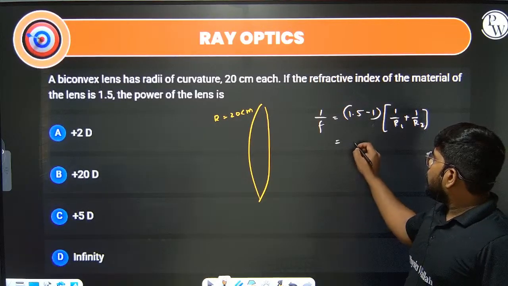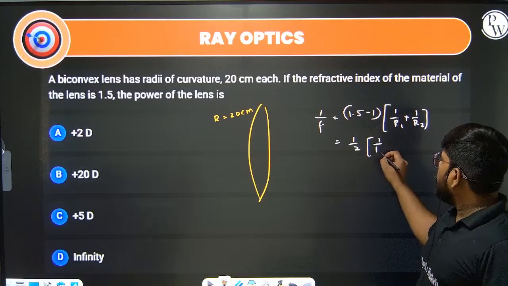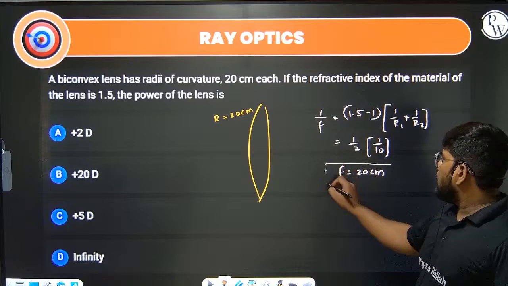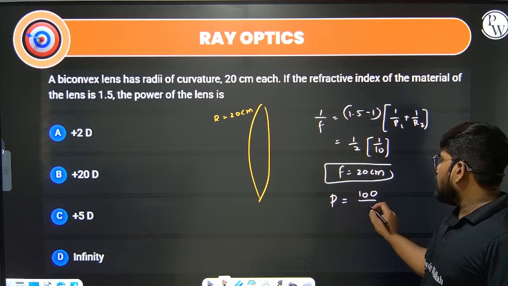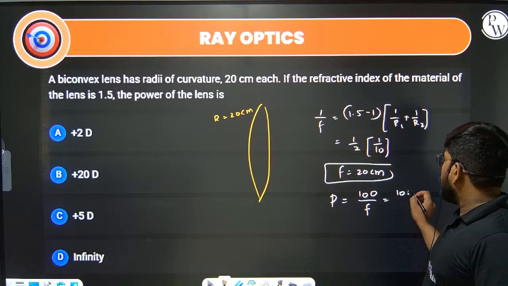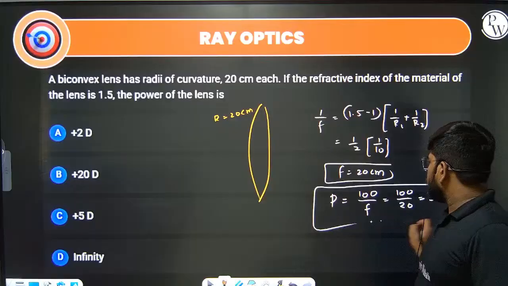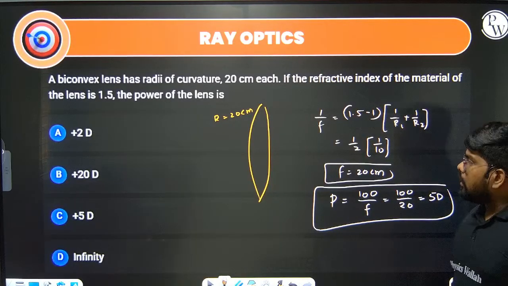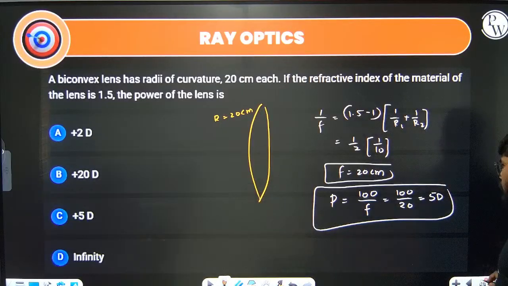So 1 by 2 into 1 by 20 plus 1 by 20 becomes 1 by 10, and the focal length comes out to be 20 centimeters. But we want power. If using focal length in centimeters, power is 100 by f, so 100 by 20, which is 5 diopter.